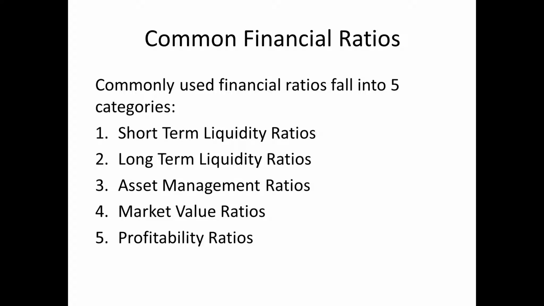Market value ratios, which really speak to the comparison between book value and market value of things, and give you a perspective on whether the market perceives that you're creating value, destroying value, that kind of thing. And profitability ratios that really speak to return on some sort of investment number, usually.